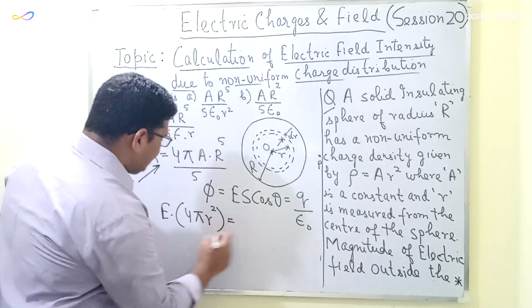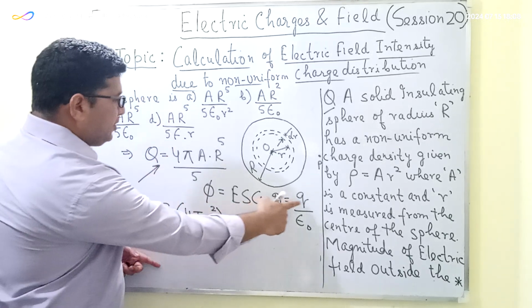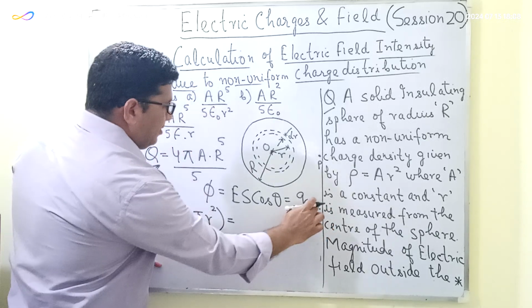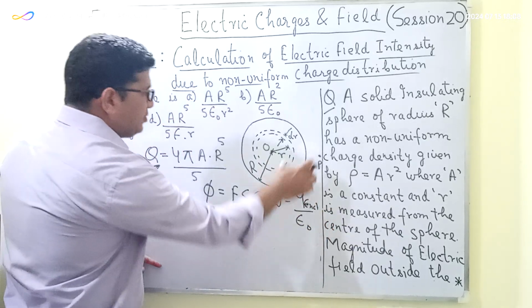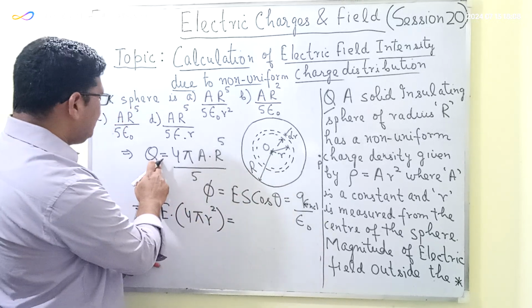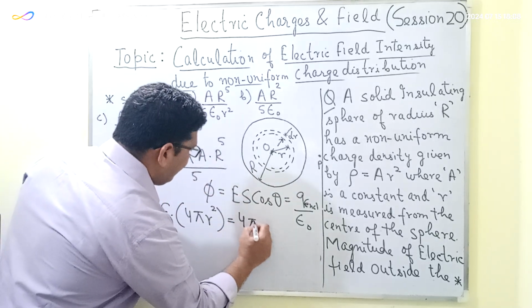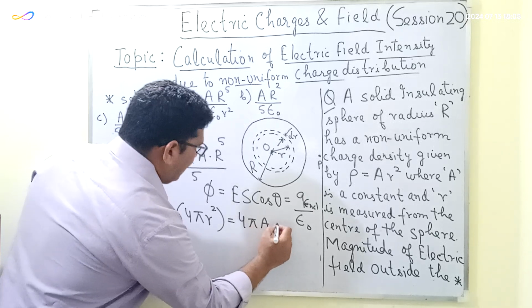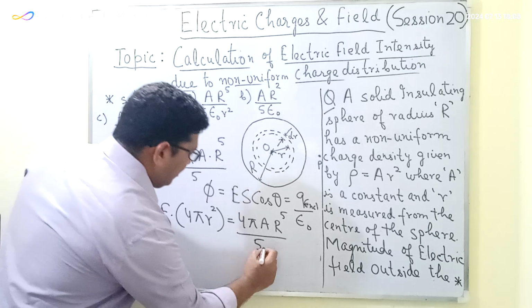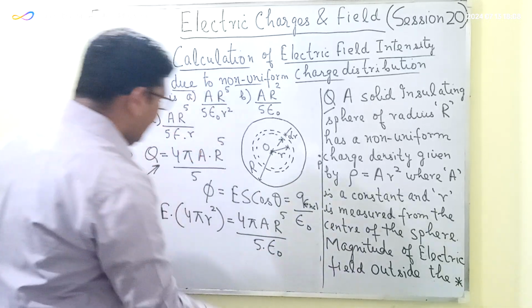So finally I am getting this equation as E times 4 pi r square, which is equal to Q enclosed, that is the charge which is enclosed by this Gaussian surface, and this Q enclosed is equal to 4 pi A R^5 upon 5, divided by epsilon naught.